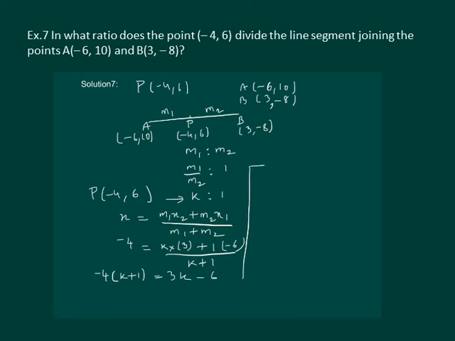Solving this further, we get -4k minus 4 equal to 3k minus 6, or 7k equal to 2 by bringing the like terms together.